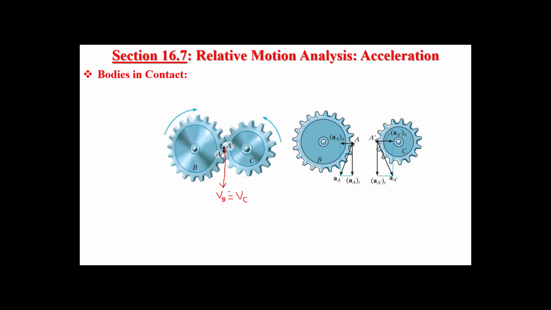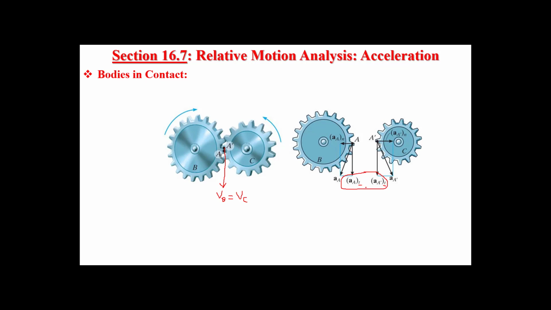Now also, if we want to relate this point of contact to acceleration, then this point and this point move downward with the same acceleration, but not the general one, the tangential one.